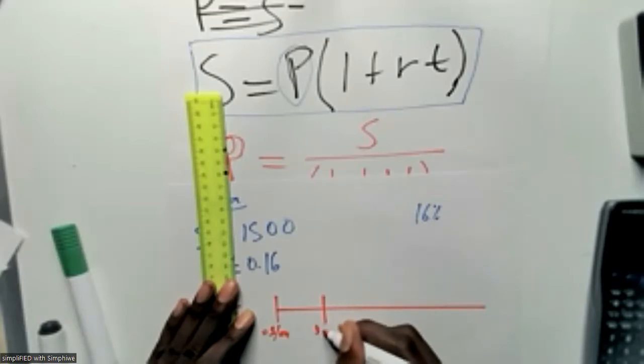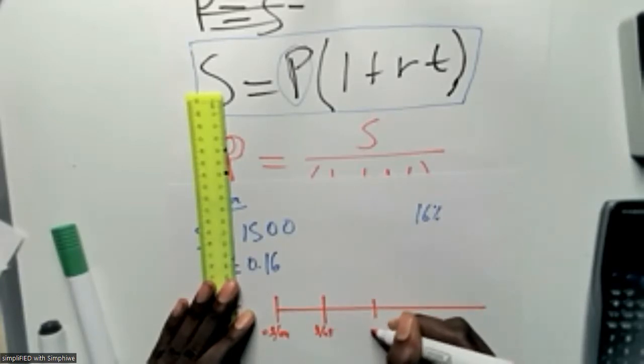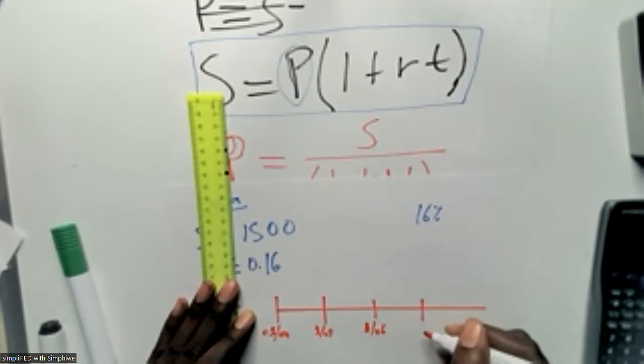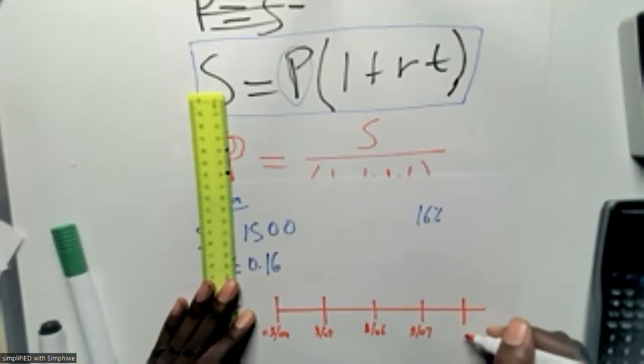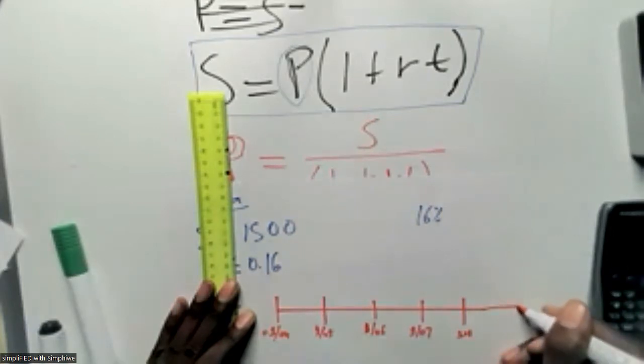April, the 1st of April. May, the 1st of May. The 1st of June. The 1st of July. The 1st of August.